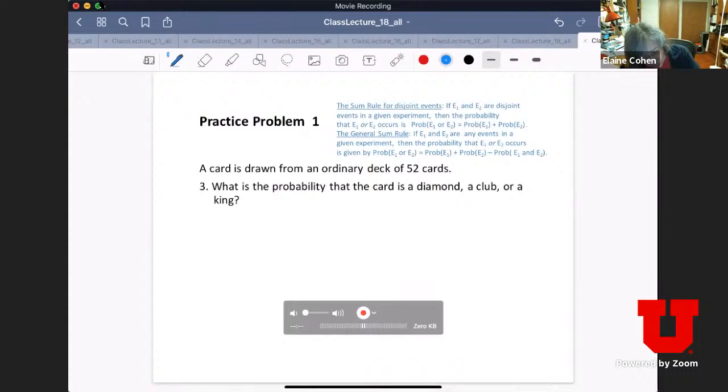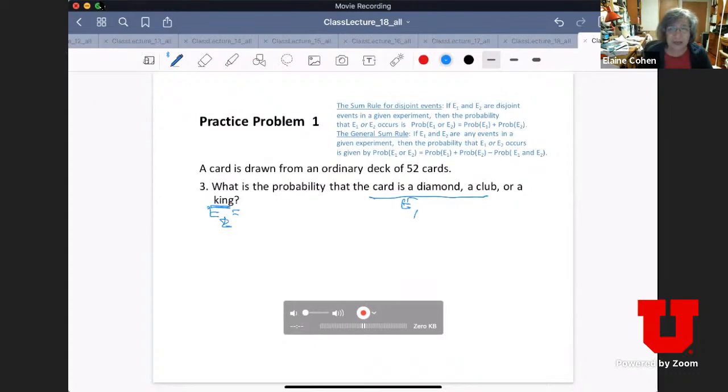Let's let E1, we didn't do this one last time, be the event that the card is a diamond or a club. Card is a diamond or a club, that's E1. And E2 is the probability that it's a king.